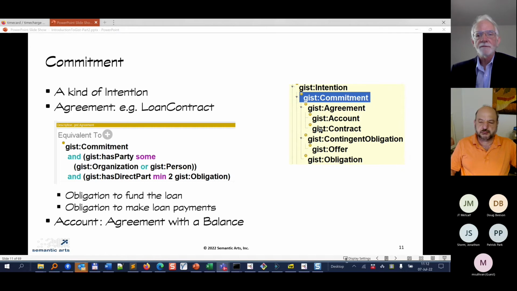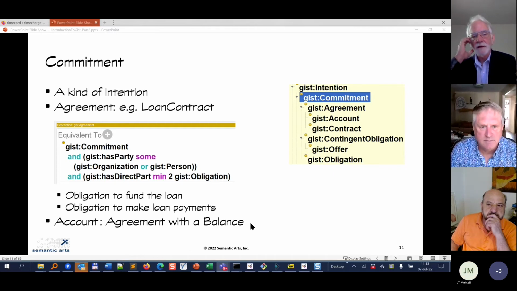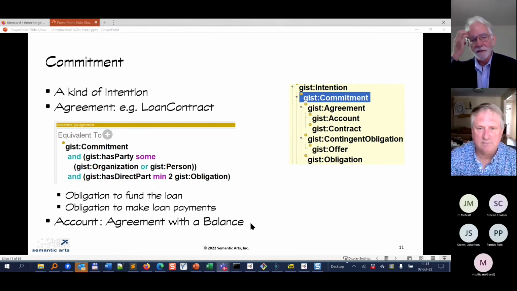Another example of an agreement is an account. People don't often think of an account as an agreement, but actually there's always an agreement underlying, like your bank balance or even your mileage account with United Airlines. Say that you have 272,000 miles if you fly a lot. That's an account. It has a balance, and it's an agreement.